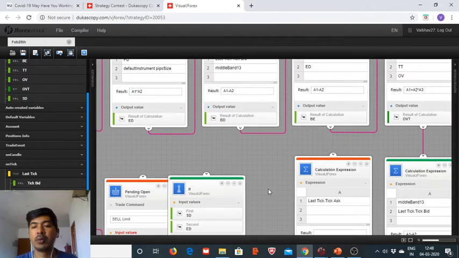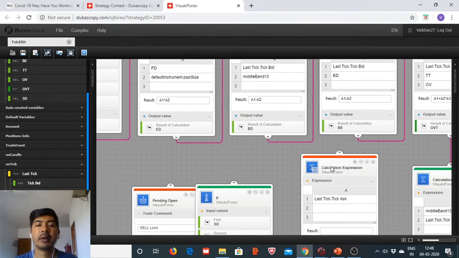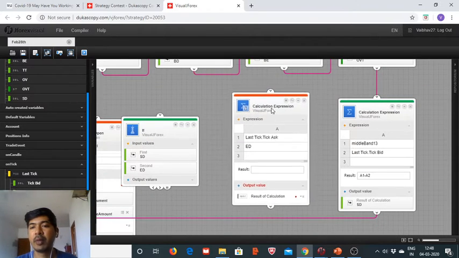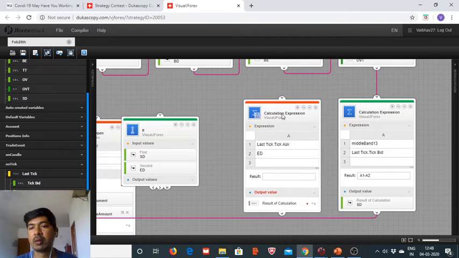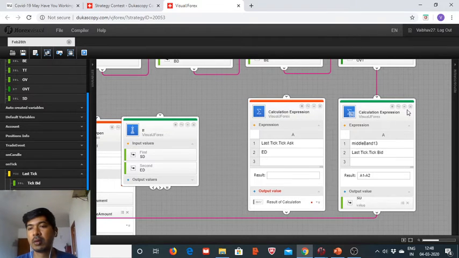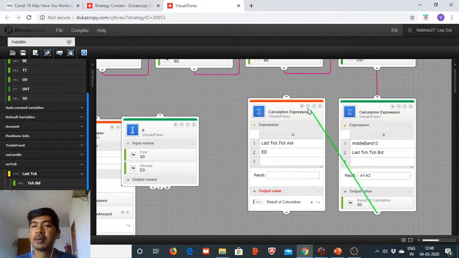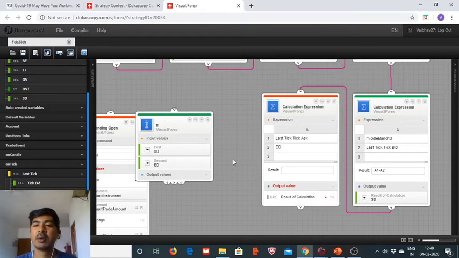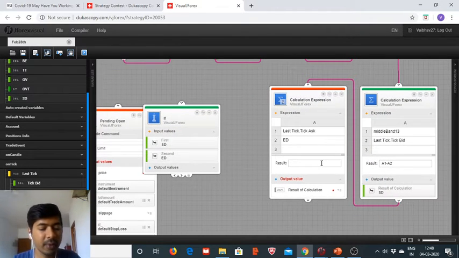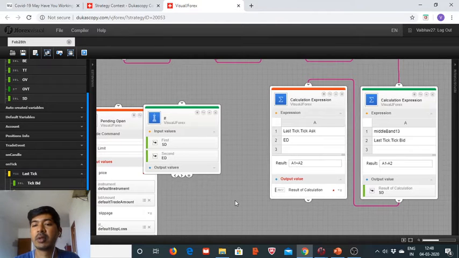And to the last tick ask, we will add the execution difference of 10 pips. So this time we will do sum addition. A1 plus last tick ask plus A2 execution difference. Okay.